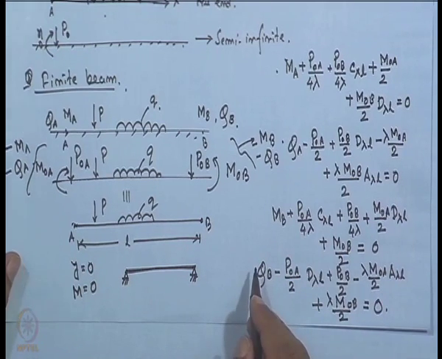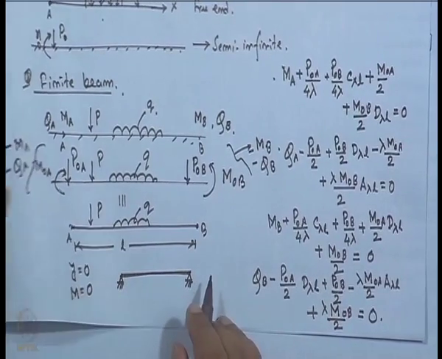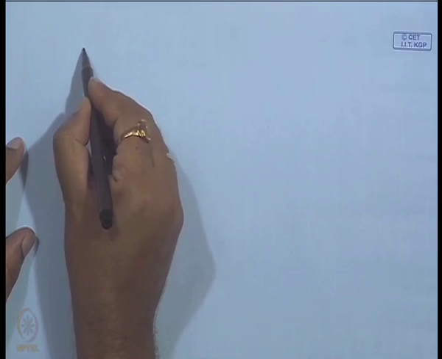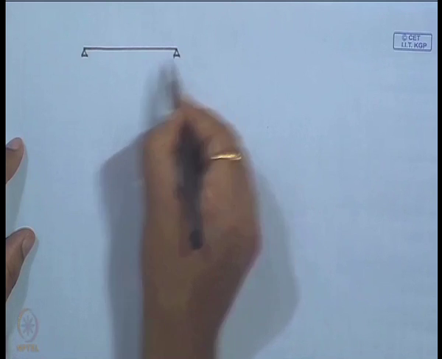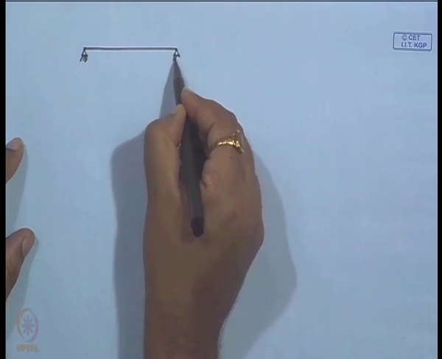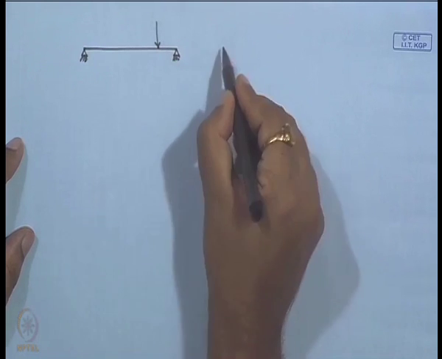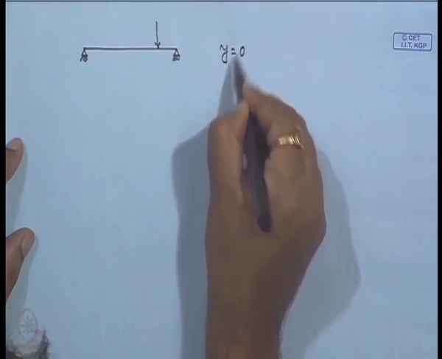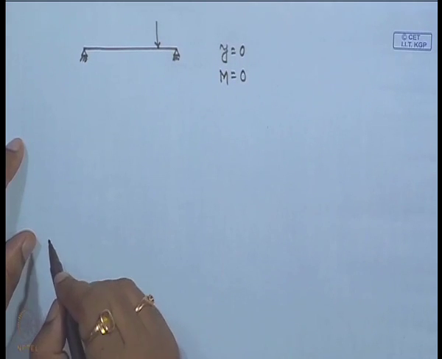Another thing is that, suppose we have two loading conditions, this type of loading condition. This is a hinged beam at both ends. So, one boundary condition is y equal to 0, another boundary condition is moment at both ends also 0.